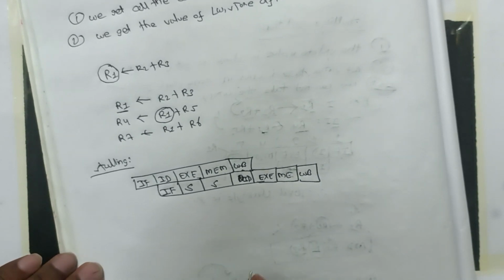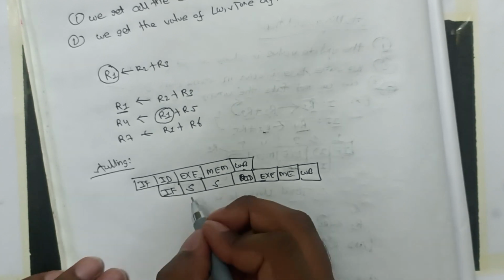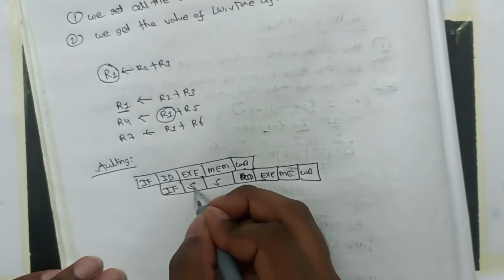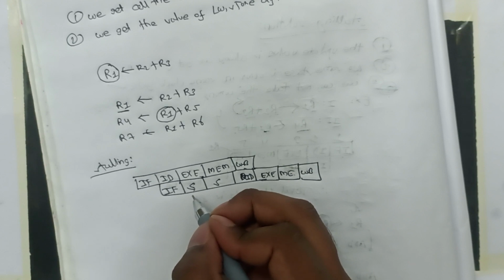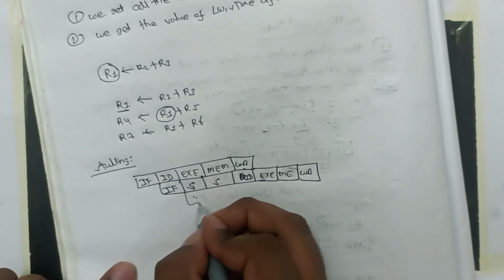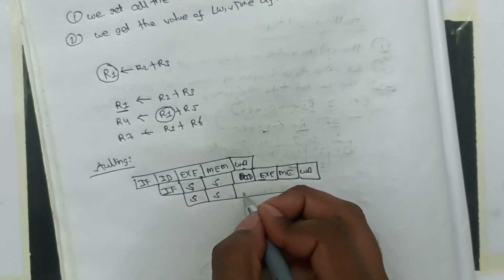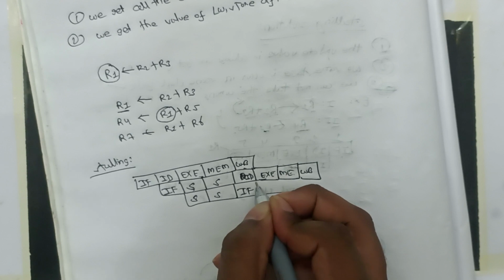And the third point is we cannot start the next instruction phase or anything below the stalling. It means we cannot start the instruction phase from here because there is stalling. Below the stalling there is stalling, so we can put stalling. Then from here we can fetch the instruction.